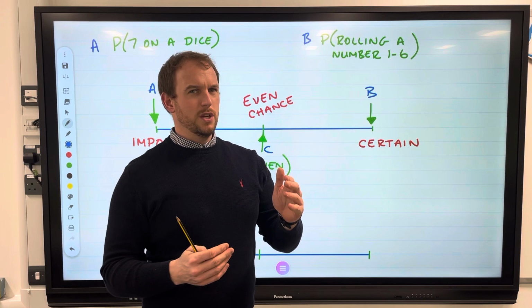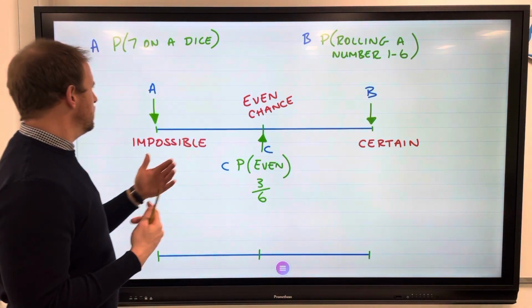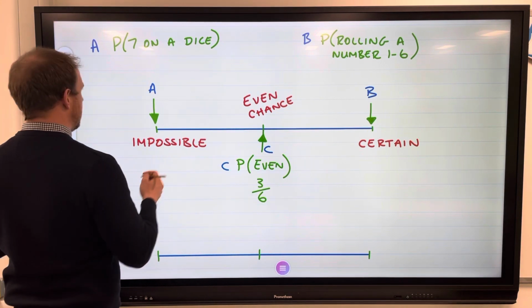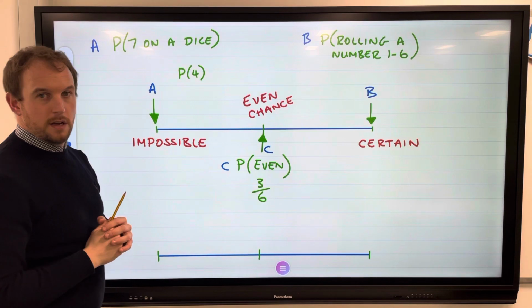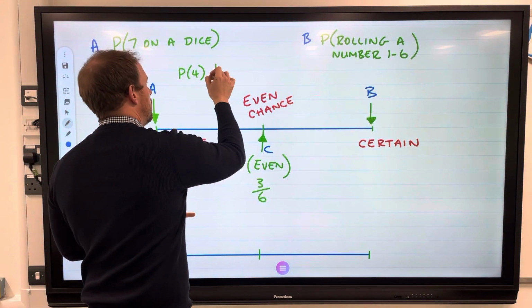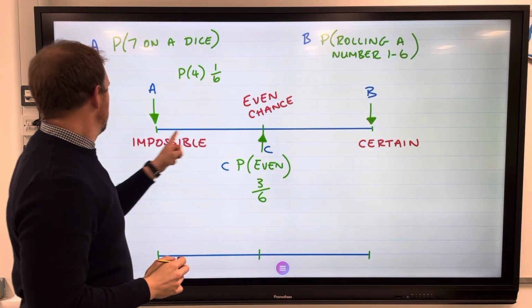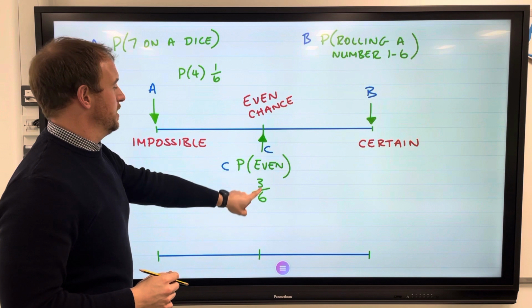What about if it was in between here? So using the dice again, if I said the probability of rolling a 4 on a dice, there's only 1. Okay, so that's 1 out of 6. Now we know here is 0. Probability of an even is 3 out of 6.